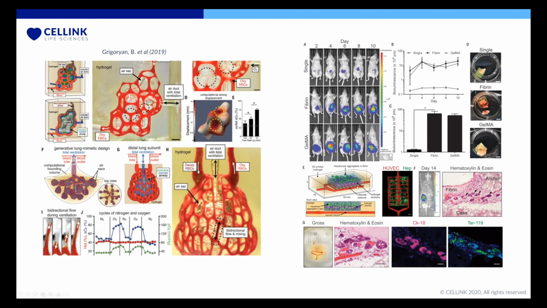Embedding the cells inside the bulk of the material simply would not be possible with a likewise PDMS device. I'm really excited to see, based on this work, what kinds of platforms people develop.